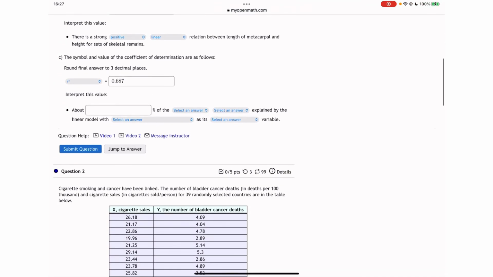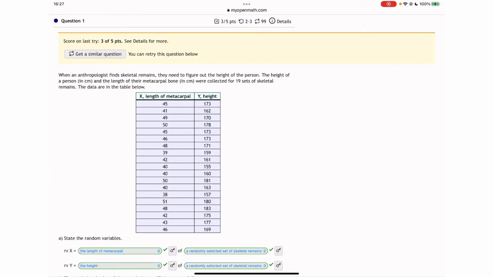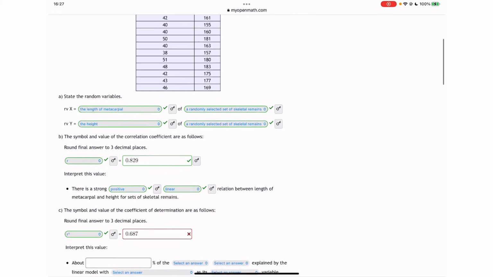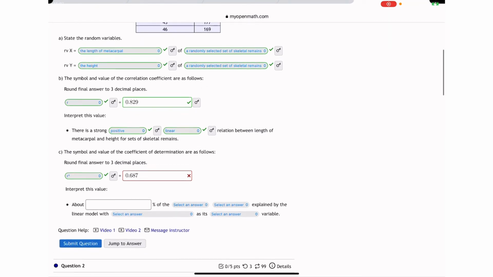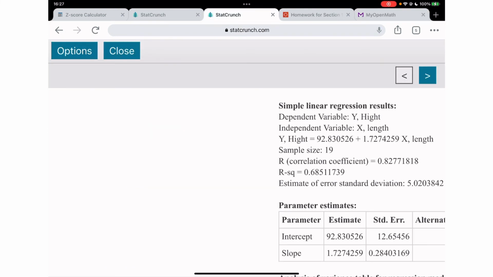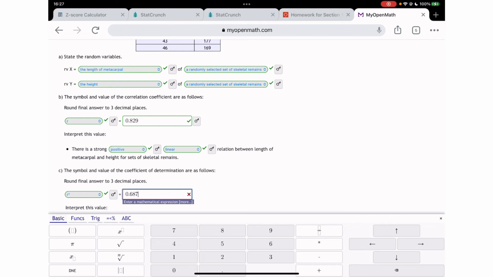Okay, let me submit it and make sure we got it correct. Yeah, the desktop shows 0.687, and it shows incorrect. Well, let me try this one, 0.685. That would be crazy if one answer from StatCrunch on desktop and another answer from StatCrunch on iPad.